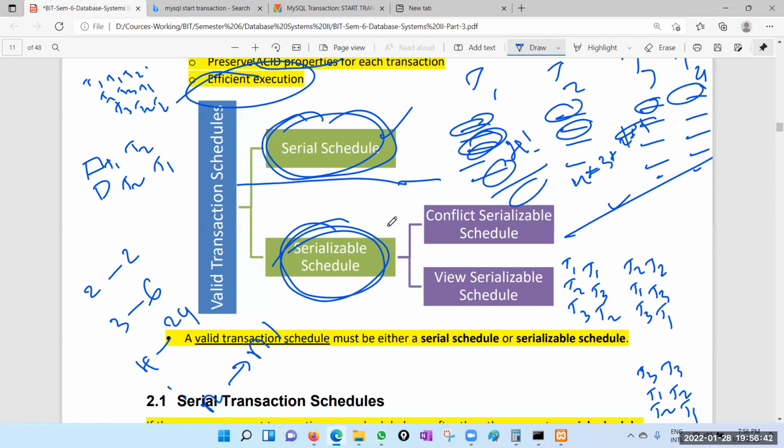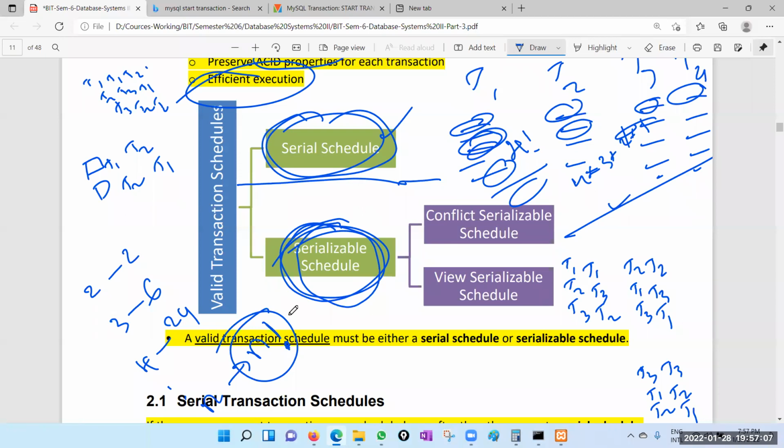So that is where we have another concept called a serializable schedule. A serializable schedule means we are going to mix those transactions together to create the schedule, but that schedule is equivalent to a serial schedule. One of the factorial n serial schedules. Result equivalent.